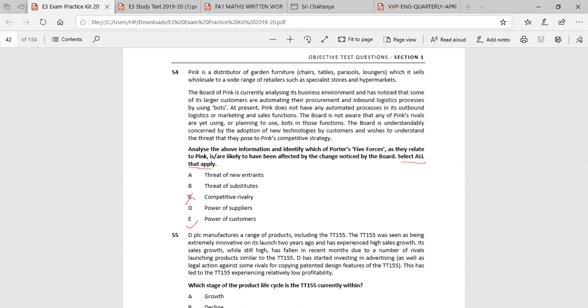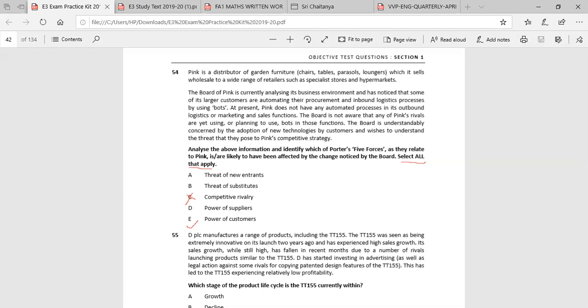So to face the competition, Porter's five forces model is called five forces of competition. So for their competitive strategy, what they are supposed to do, and what threat do they have from which of these forces? That is the meaning of that, right?